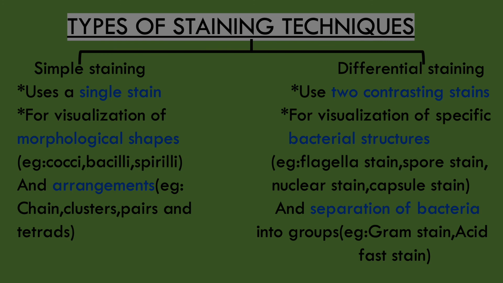The simple and differential staining techniques can be connected to their purpose as well. Simple staining is used for the visualization of morphological shapes like cocci and bacilli and arrangements like chains, clusters, tetrads, etc. Whereas differential staining is used for the visualization of more specific bacterial structures like flagella stain, spore stain, nuclear stain, etc., and for the separation of bacteria into groups, for example, gram stain or acid fast stain.